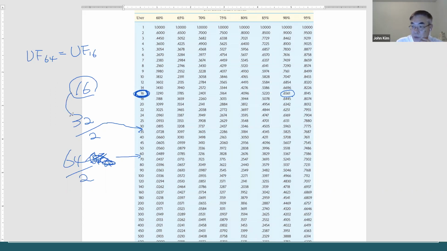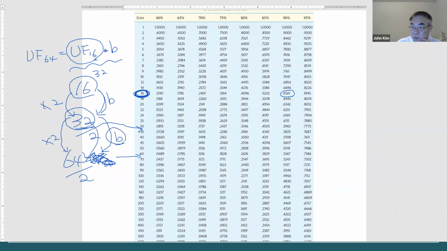From 16 to 32 times 2, the arithmetic learning curve concept or rule: when the unit number is doubled, then times b. So we have unit factor 16, and then to go to 32, we need times b. This one is 32, but we need 64. So from 32 to 64, we need times b again.